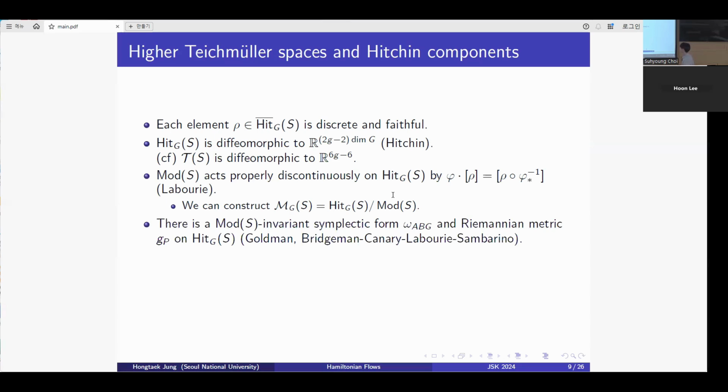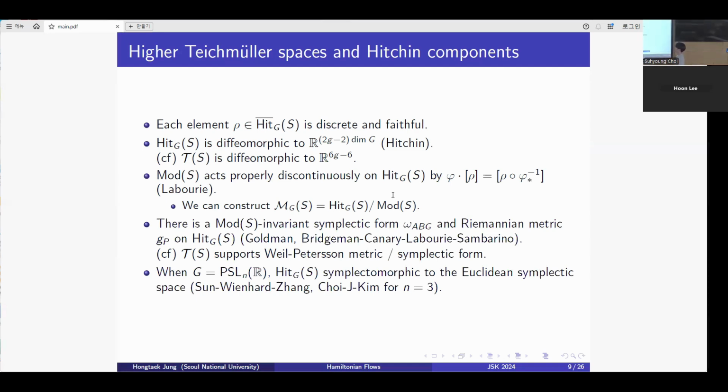And there is a Riemannian metric that is invariant under the mapping class group action. This is a result of Goldman. And this part is a result of Bridgeman, Canary, Labourie, and Zambarino. And in the Teichmuller space, we have the Weil-Petersson metric and Weil-Petersson symplectic form, and they are generalizing these two objects.